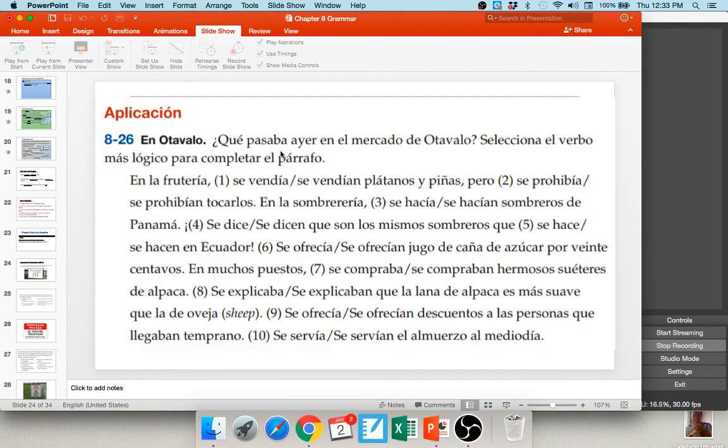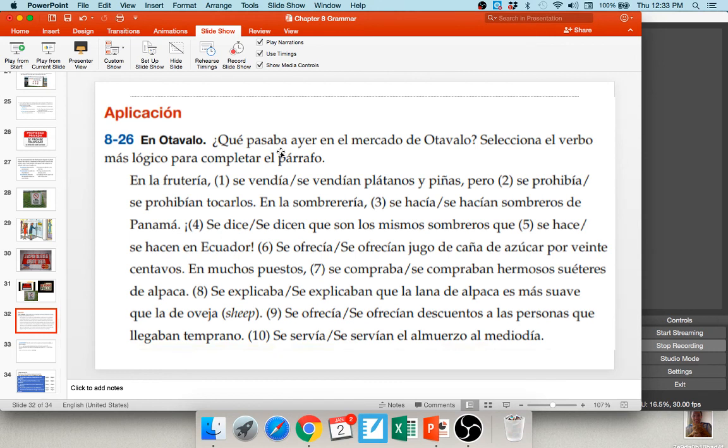In my Spanish lab this week, you may be asked to complete some questions such as these, where you have to go through and make these agree. And you obviously want to pick the most logical one as well. So, en la frutería, at the fruit store, se vendía or se vendían plátanos y piñas.